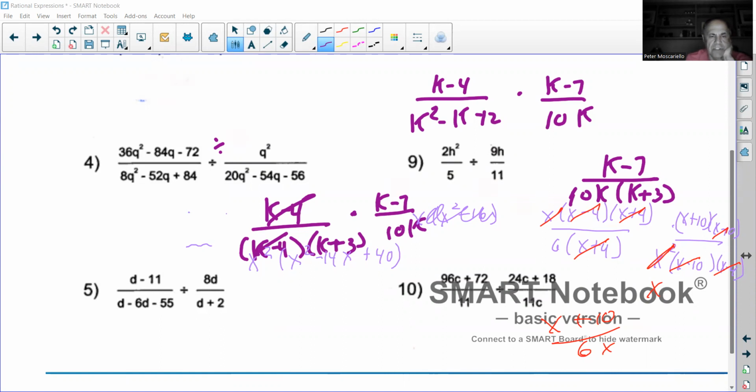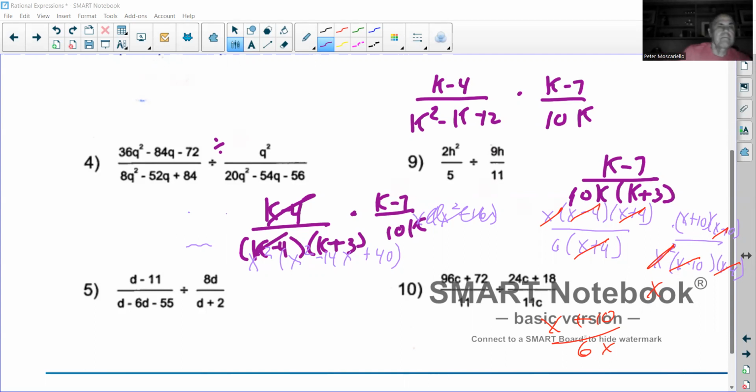When in doubt, use parentheses. X plus 10, and now divided by 6x. That looks better. All right, let's go for it. We got it. Okay, good.